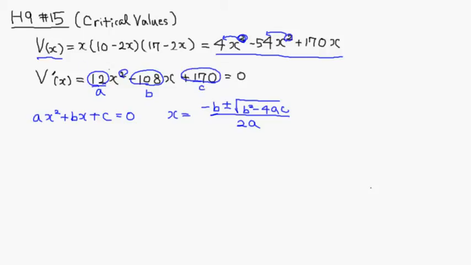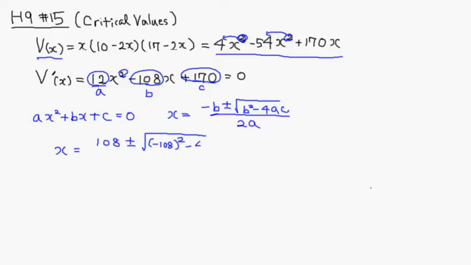Using the quadratic formula, we can get x, which is equal to negative b, which would be positive 108, plus or minus the square root of b squared, so it's going to be negative 108 squared. Negative doesn't really matter because it gets squared anyway.